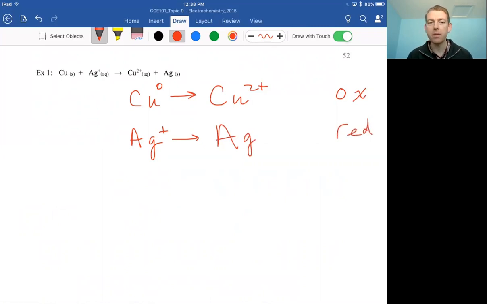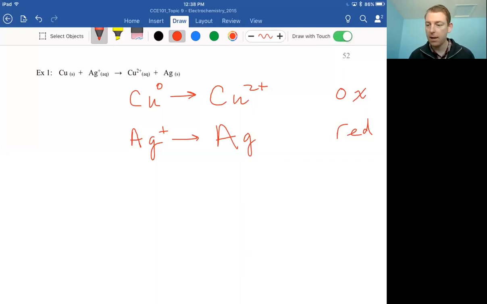Step two is to balance every element that is not oxygen or hydrogen. Those ones are special because of how they're going to participate, say, with the water, the solution itself. But we want to balance everything else here. So we're going from 1 copper atom to 1 copper atom, no change. 1 silver to 1 silver, so we can call step 2 done.